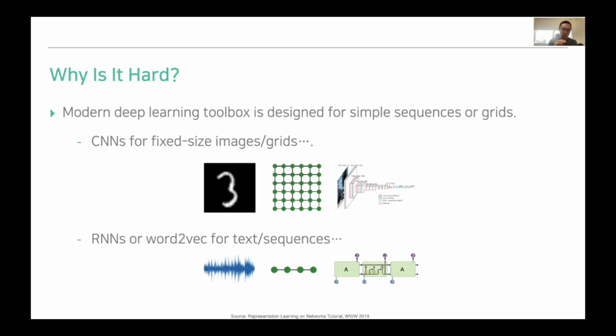By looking at nearby pixels, we can guess the boundary of the digit, and this is utilized for predicting the label of the input image. What about graph data? We don't have left and right and up and down, so it is impossible to apply CNN techniques to graph data. This limitation applies to RNN as well. We don't have a sequence, so it is difficult to apply that technique to graph data as well.